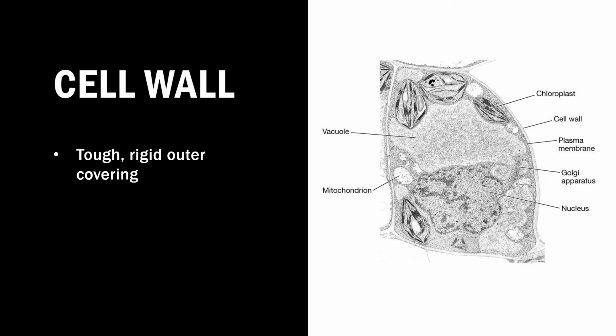The cells of fungi, algae, and bacteria also have cell walls. Animal cells lack cell walls, but they have other structures such as the cytoskeleton for support. So this is how the cell wall of a plant looks.